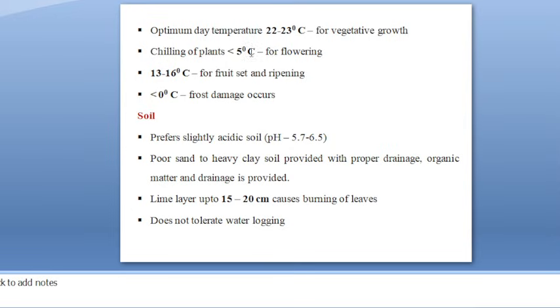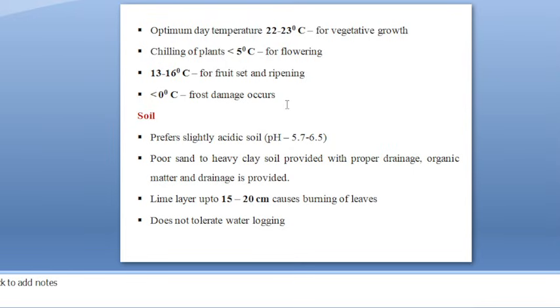Here also a chilling temperature of less than 5 degrees is highly recommended for strawberries to induce flowering. Also, if the temperature is 13 to 16 degrees Celsius, that helps in proper production of fruits, and the ripening process gets enhanced, and we can also increase fruit set as well as flowering.